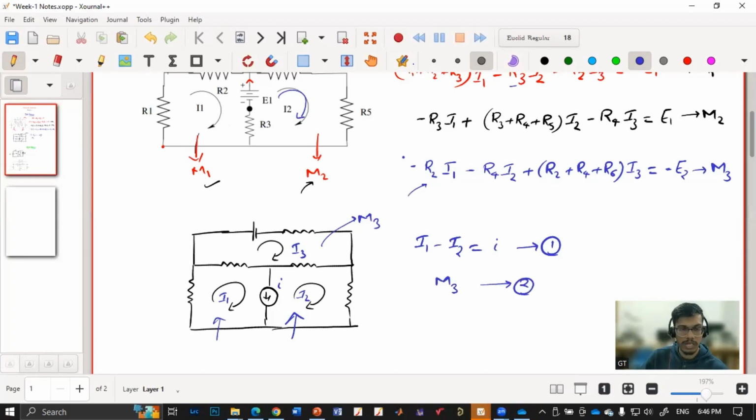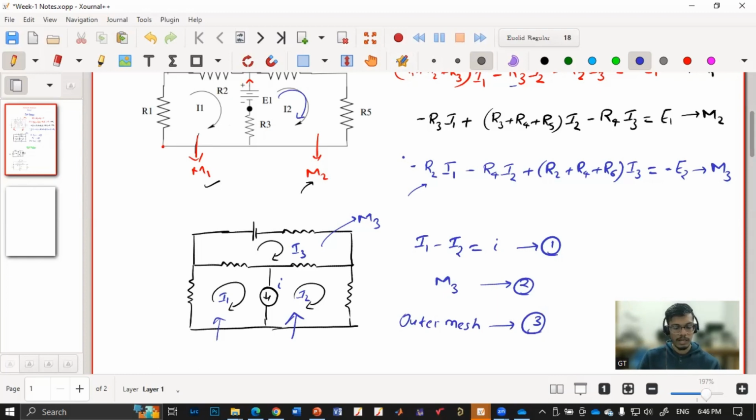So how many unknowns do I have? I have three unknowns, I1, I2, and I3, but I am only getting two equations. So I need another equation, but I cannot apply KVL here because I do not know the voltage across this current source. Then we apply KVL in the outer mesh, and we'll get another equation, and then we'll solve three equations, three unknowns.